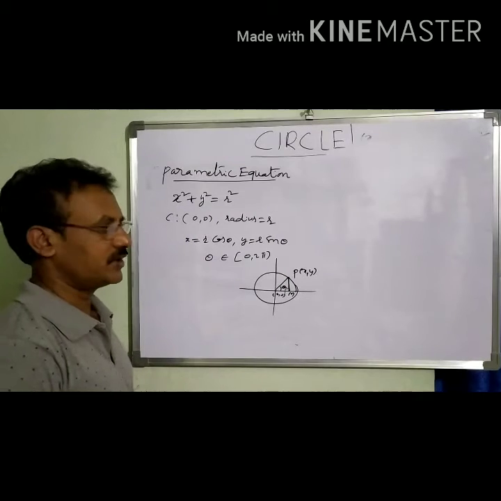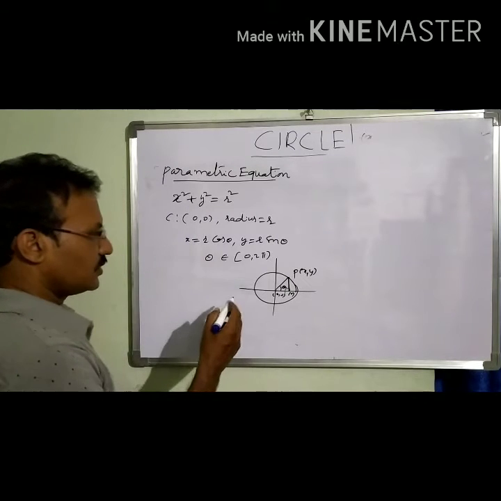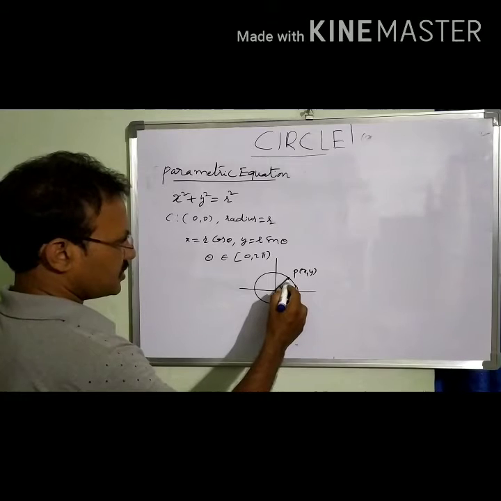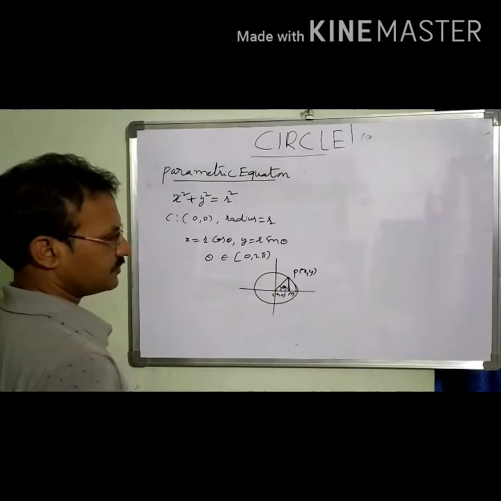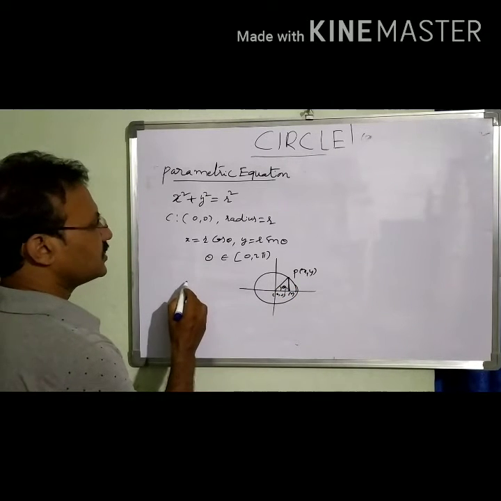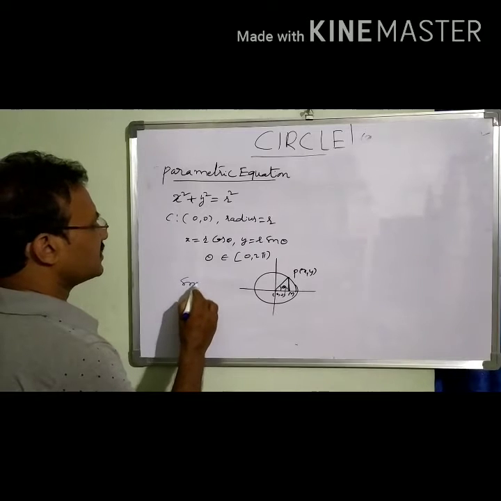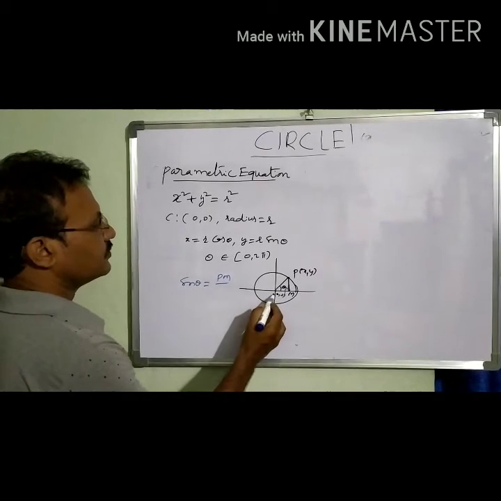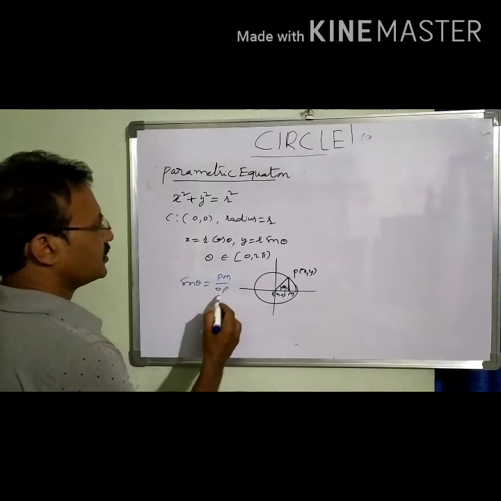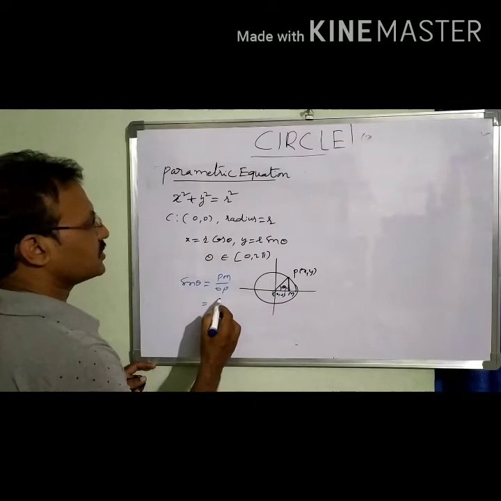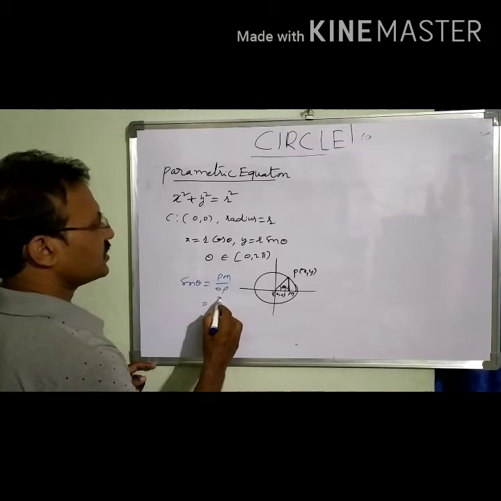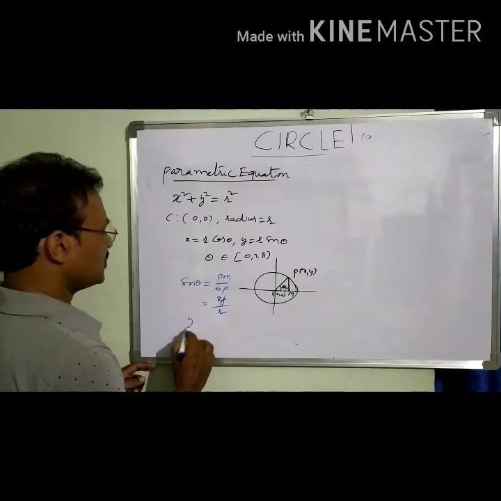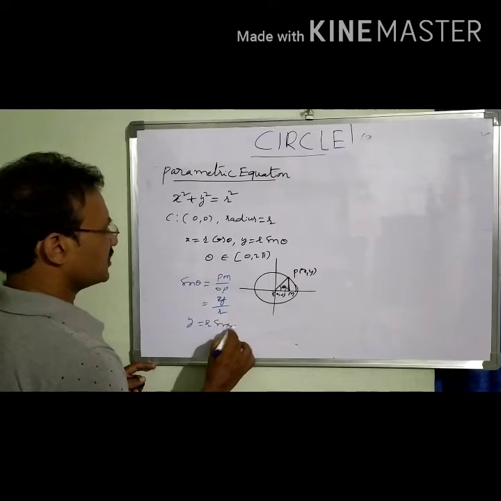It is a right angle triangle. If you observe this triangle, PM is the side opposite to theta. If you apply sin theta is equal to PM by OP, which is equal to y by r, that implies y is equal to r sin theta.